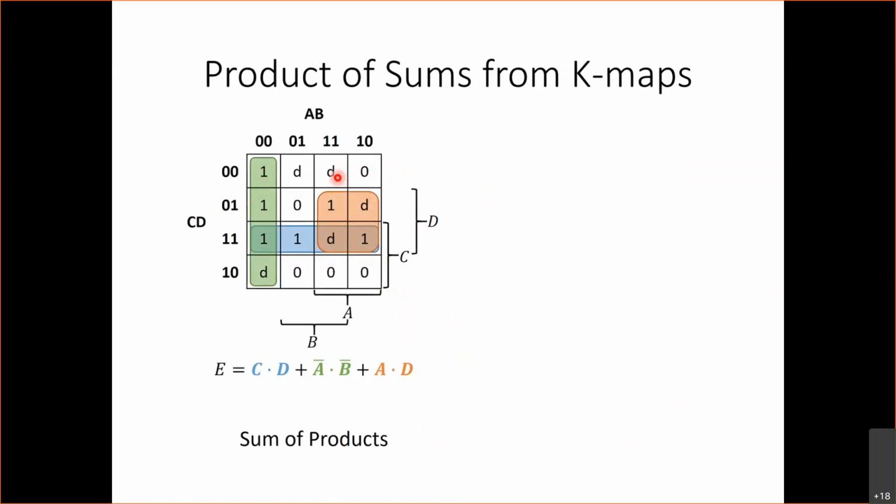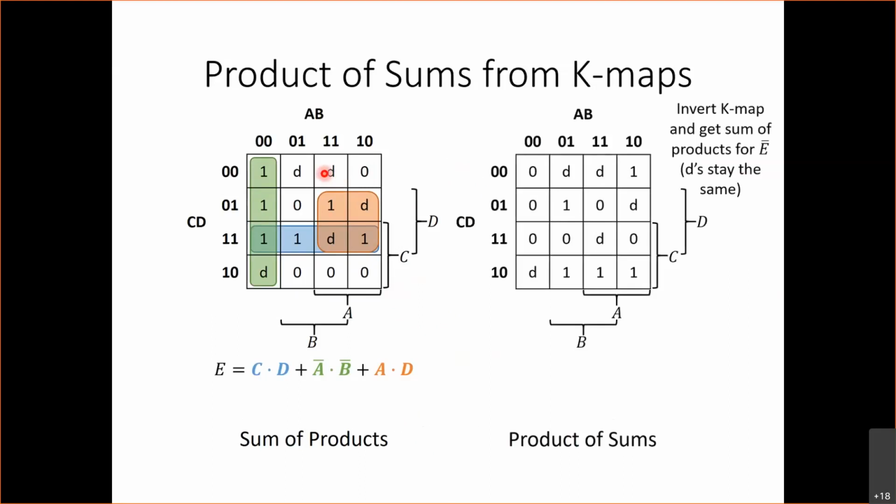Right, exactly. The D's are just going to stay D's, because if we don't care if something's a 0 or a 1, we don't care if its inverse is a 0 or a 1. So here all the ones become zeros, all the zeros become ones, and all the D's stay as D's.